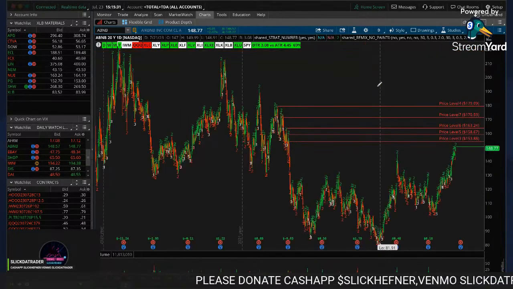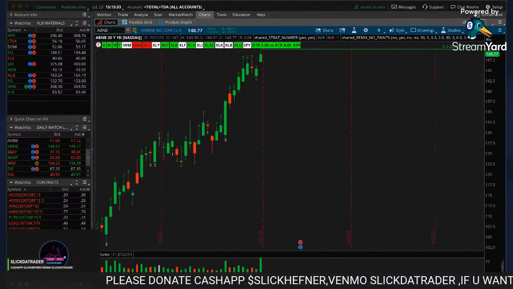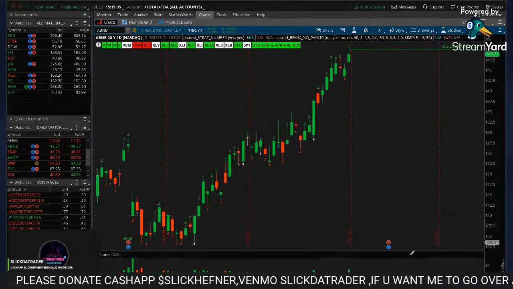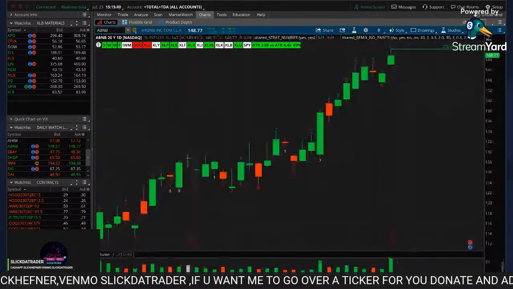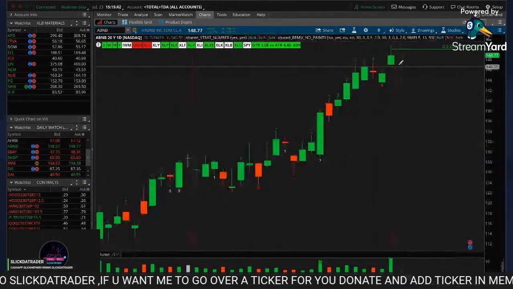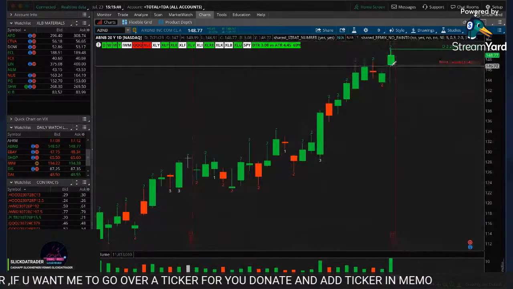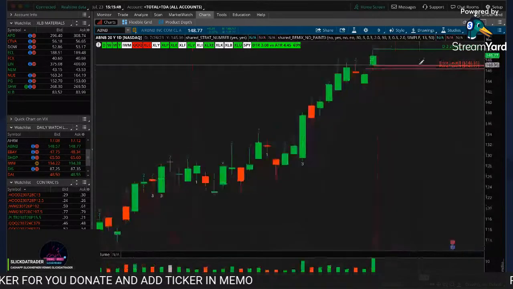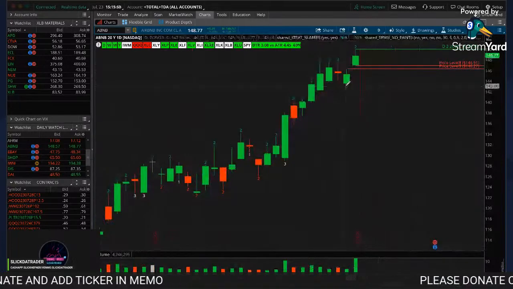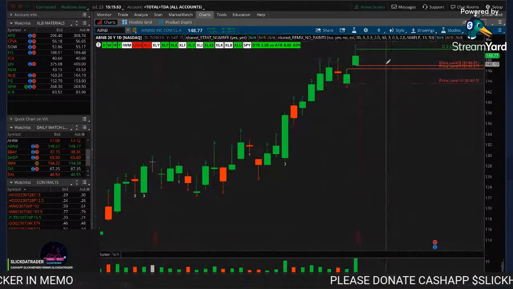So we could actually do this. So what you could do, make this bigger so everybody can see. What could happen is this. You can actually mark this here, and we could come down and fill a gap, which is about $1, and then your next target would be here, right?